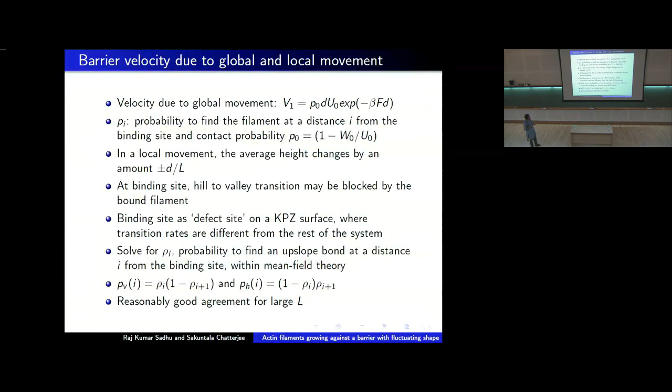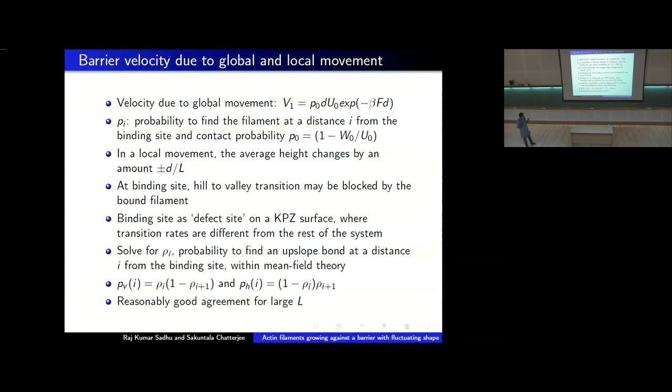To calculate the velocity due to local movement, we need to know at what rates these hills and valleys are flipping and what velocity they contribute to the surface. For this, I simplify the model further. First of all, notice that at the binding site, the transition rates are different from the rest of the system. So we forget about the filaments altogether. We just consider a KPZ surface and treat the binding site as a defect site.